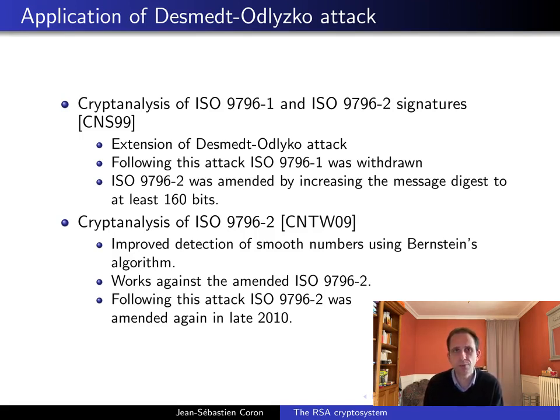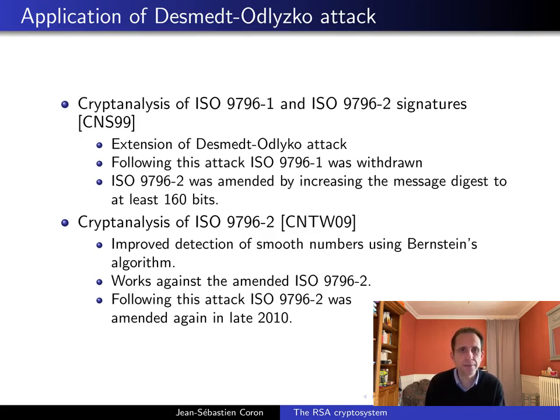It was an extension of the Desmet-Odisco attack, and the attack for ISO 9796-1 was very efficient. So the standard was withdrawn, and the ISO 9796-2 was amended by increasing the digest size, because the complexity of the attack depends on the output size of the hash function that is used in the standard. So it was amended to make it at least 160 bits.